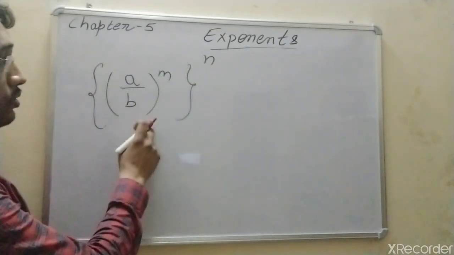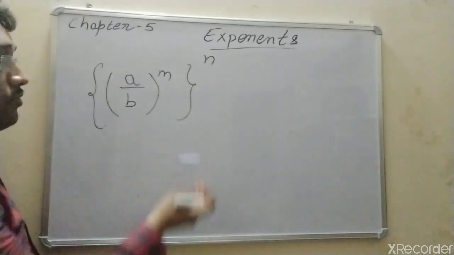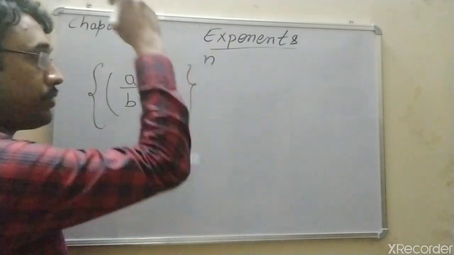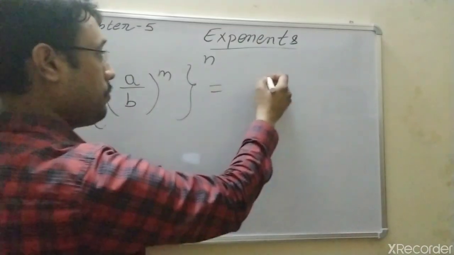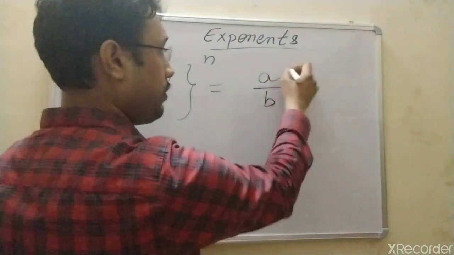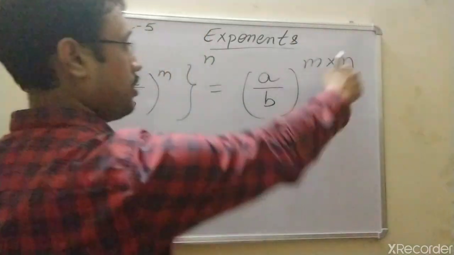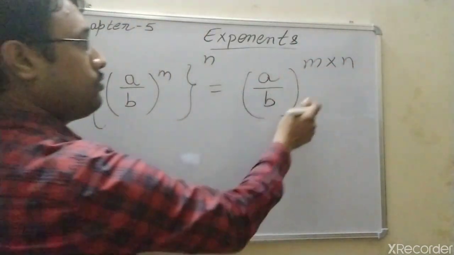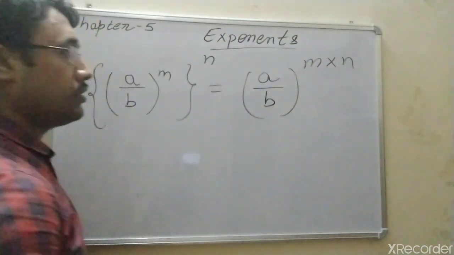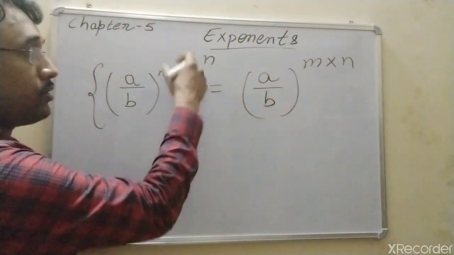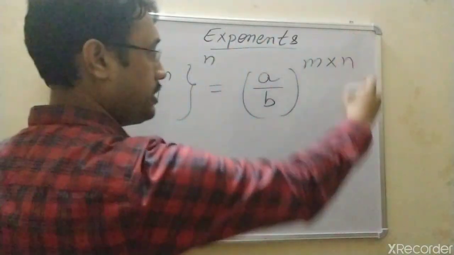So here we have two powers, a power and upon this one more power. In this case you will multiply the powers, m into n. Now the expression is a by b to the power m into n. That means if powers are given like this, power upon power, then all the powers will multiply only.